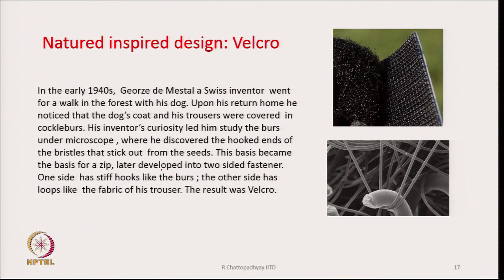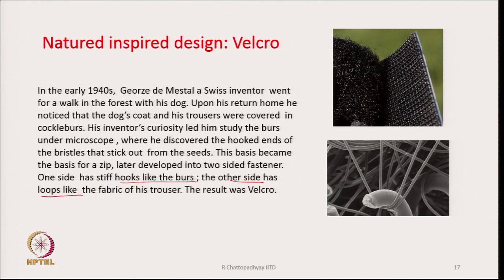So, what he did, because immediately from here he got the idea. One side has a stiff hook like the bars, the other side has loops. He developed a fabric, or basically two fabrics.